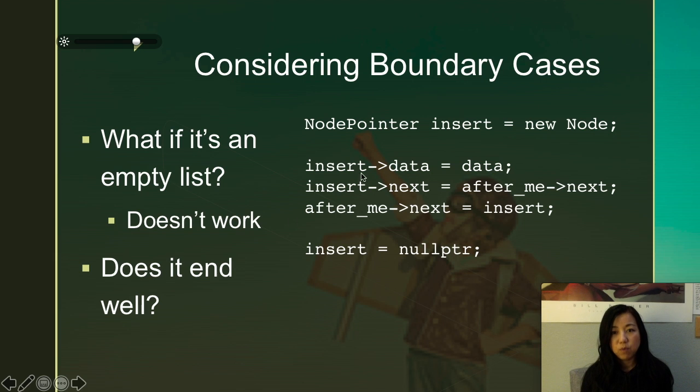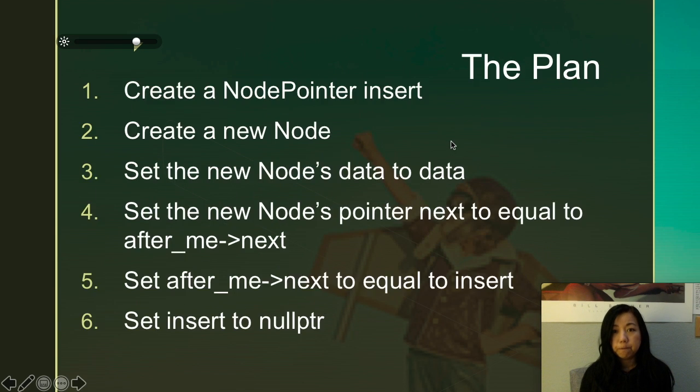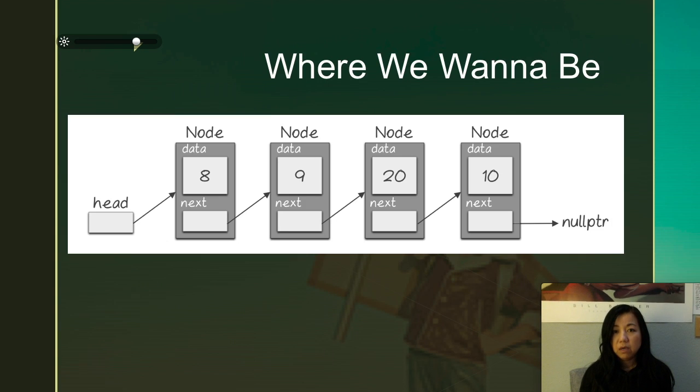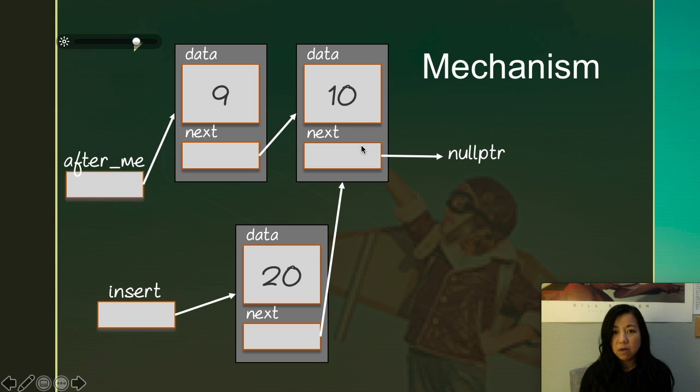So does it end well? If for example after me is pointing to 10, right? Then would it work? We want to insert 20 behind 10, and so next will be set to null pointer.